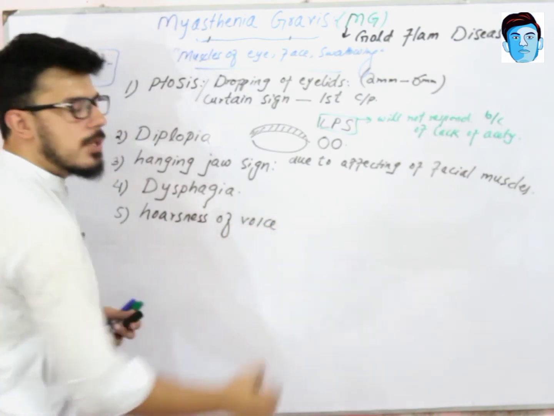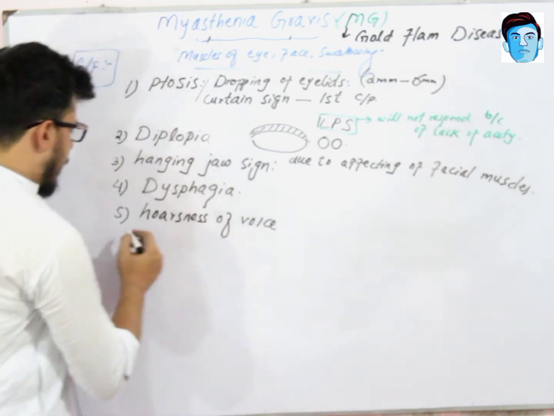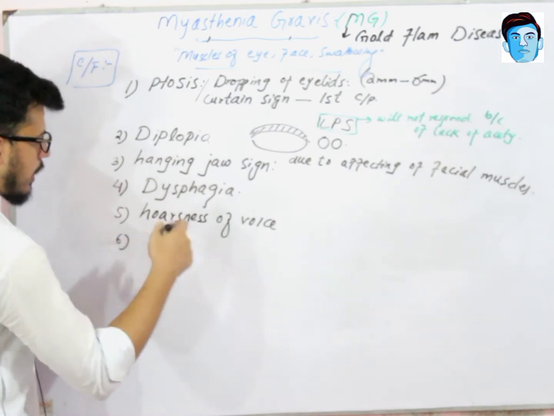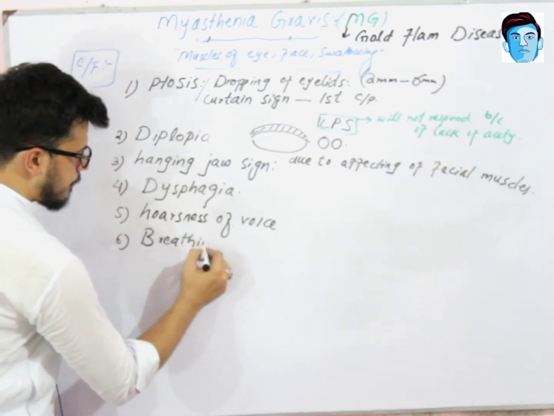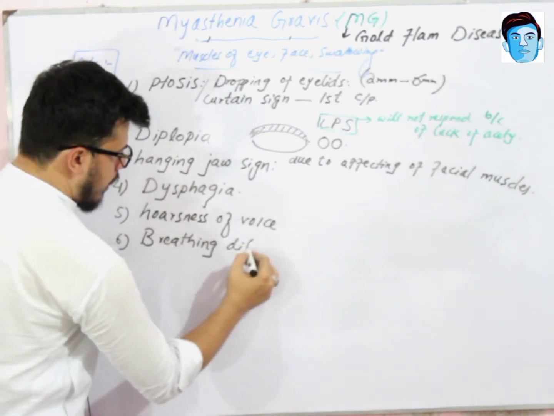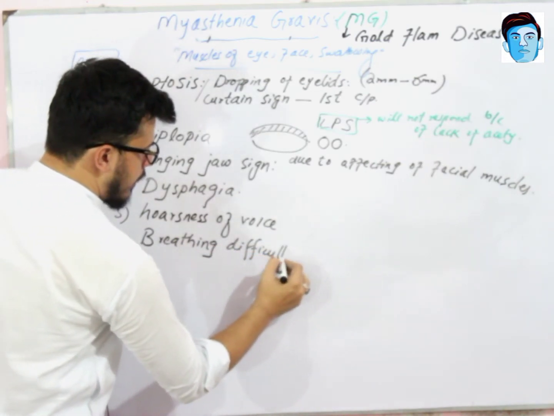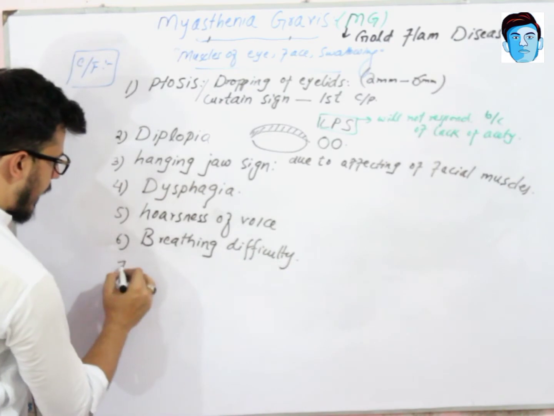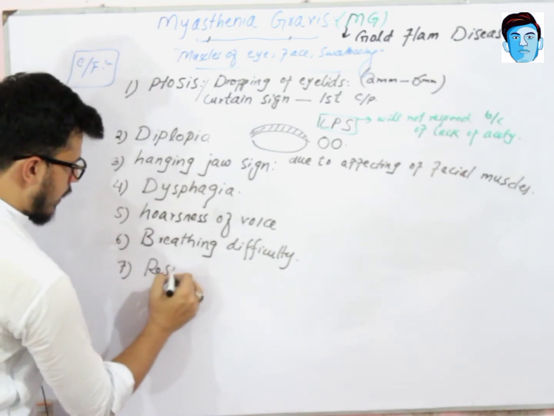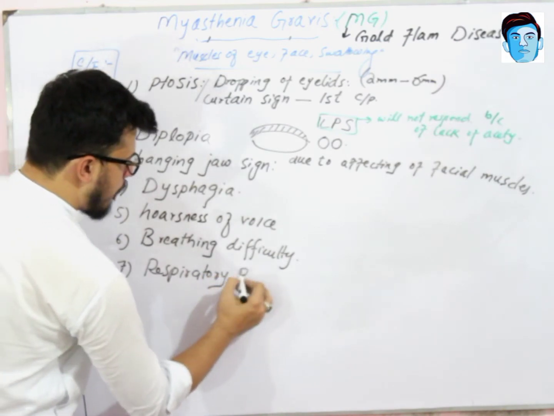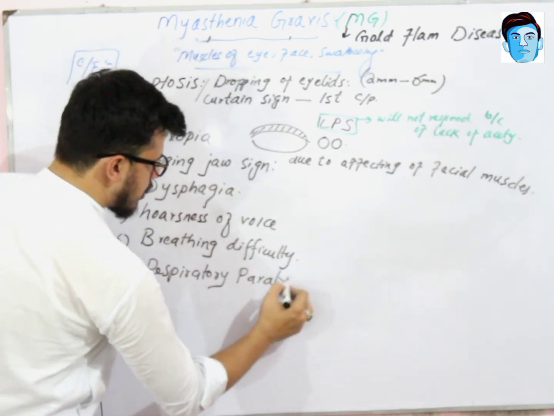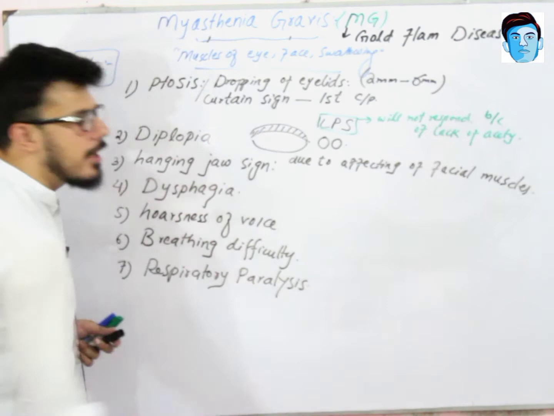Depending upon the muscle involvement, it can also lead to breathing difficulty, and there might be respiratory paralysis as well. So these are certain important clinical presentations of a patient with myasthenia gravis.